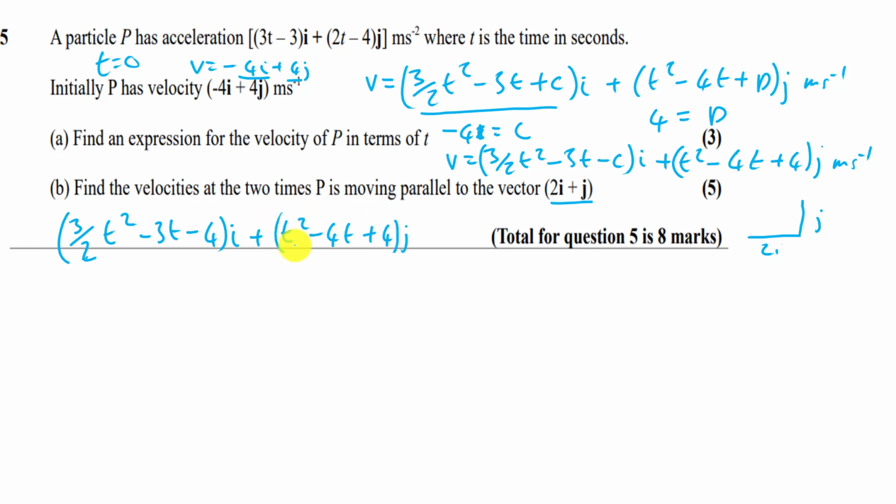So do you remember, when vectors are parallel, you're going to have a component that's going to be the same. For example, 2i plus j, that's parallel, right? Because it is times 2. That makes sense?